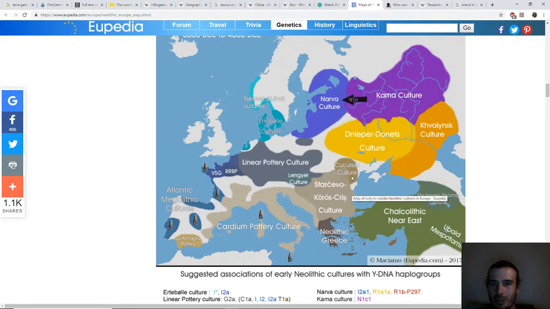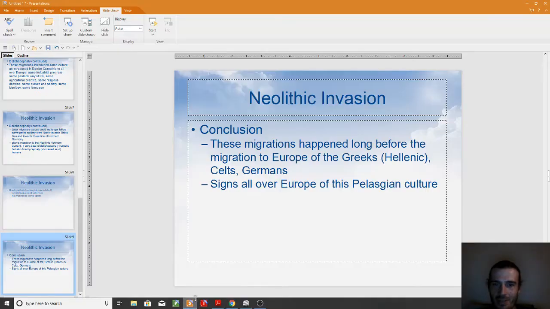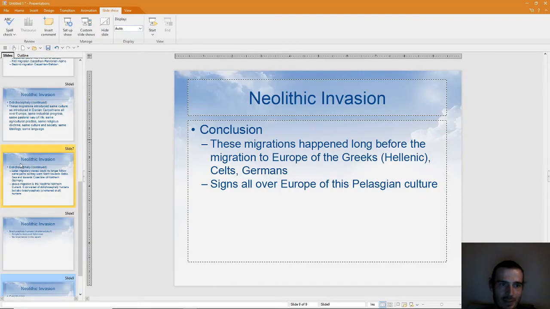There's the Kukuten culture. Now, it's funny that they name these Dnieper, Donetsk, Kama, Khvalynsk, Narva, linear pottery culture, Cardian pottery, Chalcolithic Near East. Let me repeat, because this is super important.